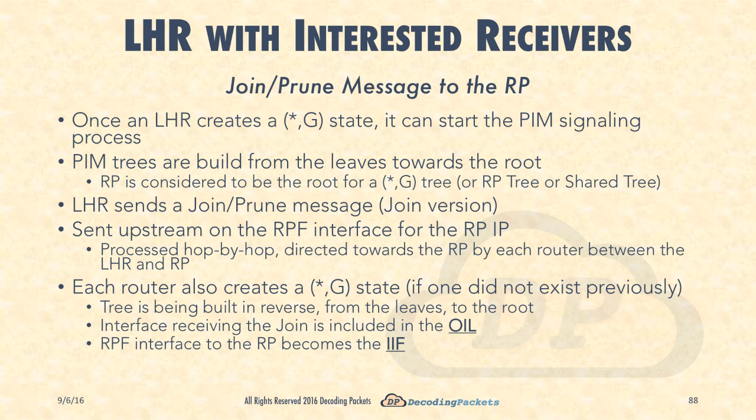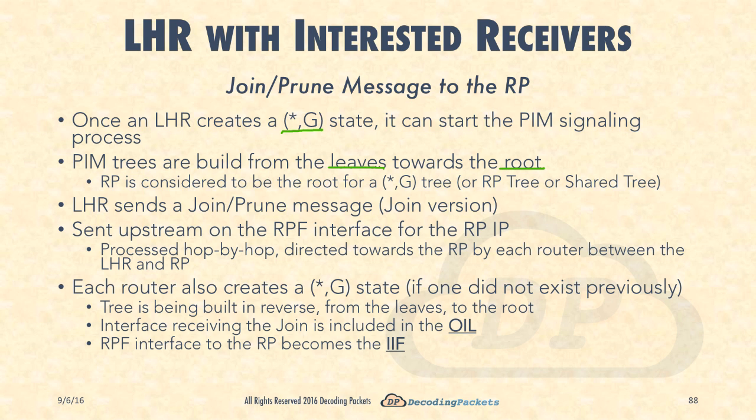It receives some IGMP signaling from its directly connected receivers, and it can now start the PIM signaling process. And what it's going to do is create a PIM multicast tree. The one thing to realize about PIM trees is that they are built from the leaves, so from the very outlying branches and the leaves, and they are built towards the root.